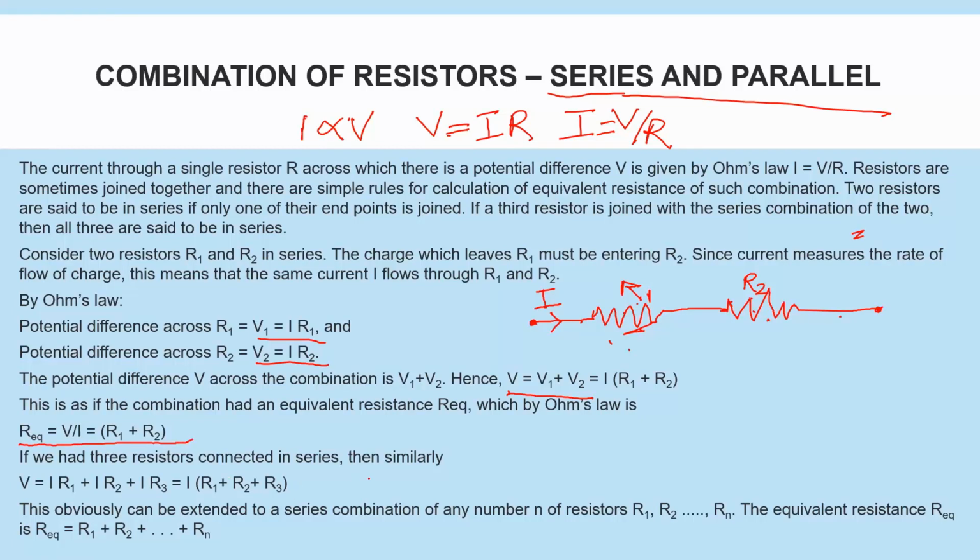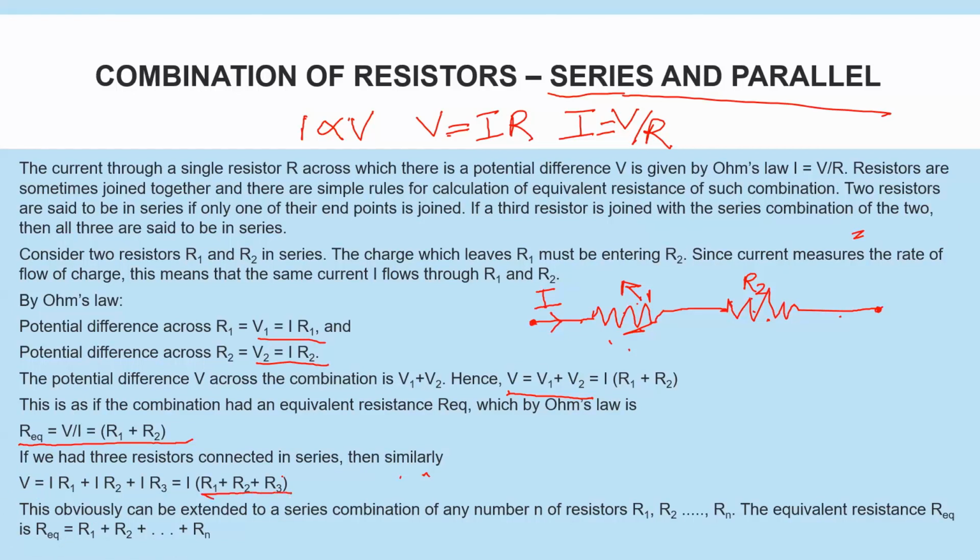If you keep increasing the number of resistors, the equivalent resistance is related to the sum of the individual resistors in the circuit.